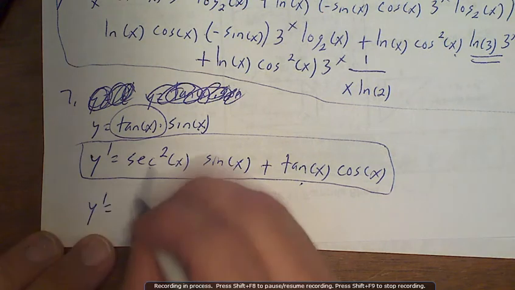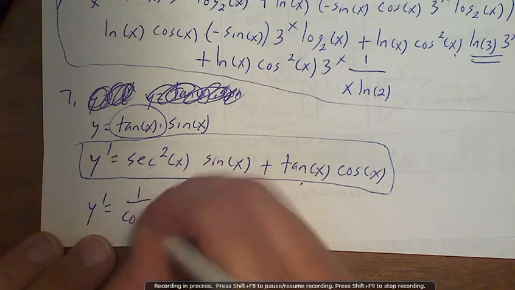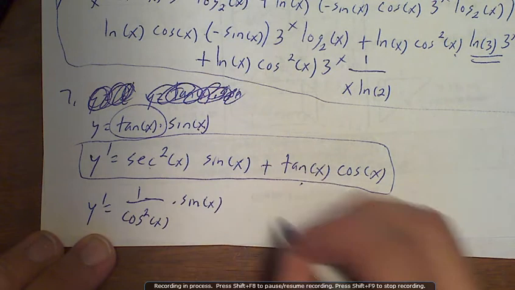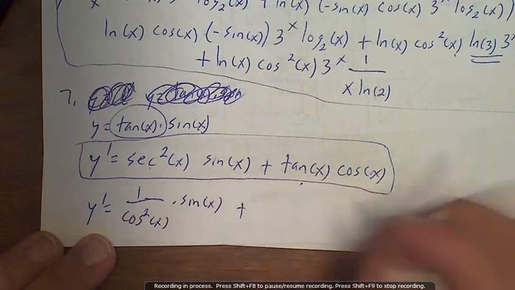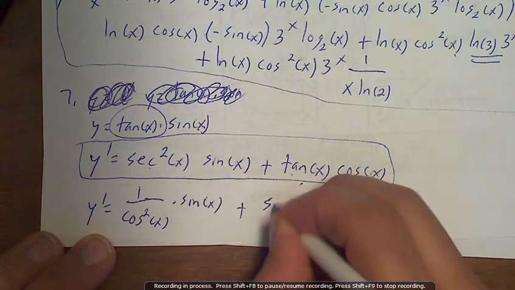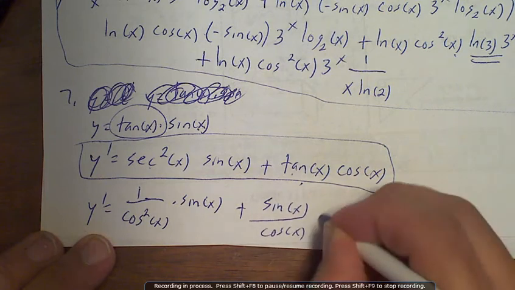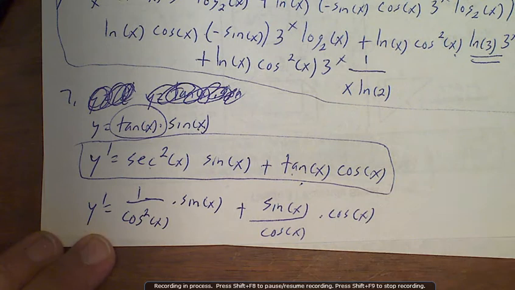Cosines cancel. So your final derivative, a little bit more simplified, plus sine of x. Okay? So again, here's 7 more examples, or 8 more examples I should say, of how to use the product rule.